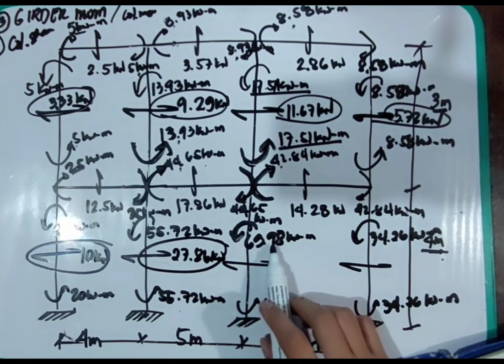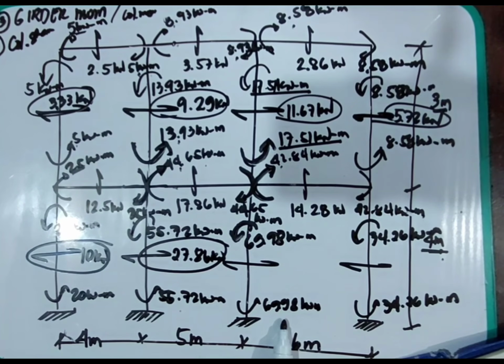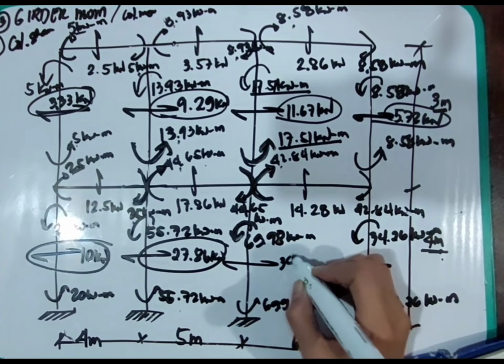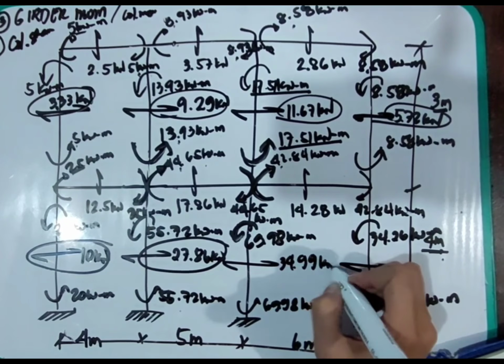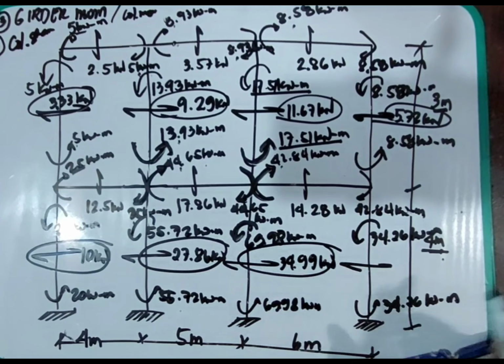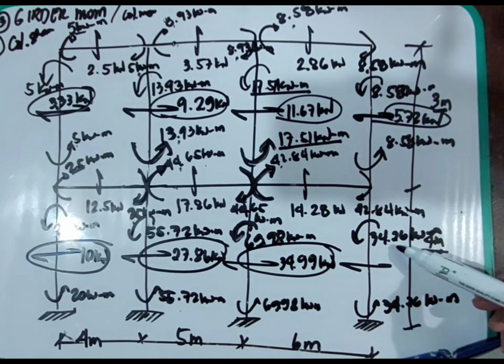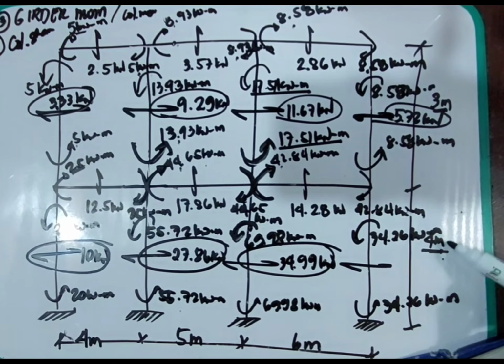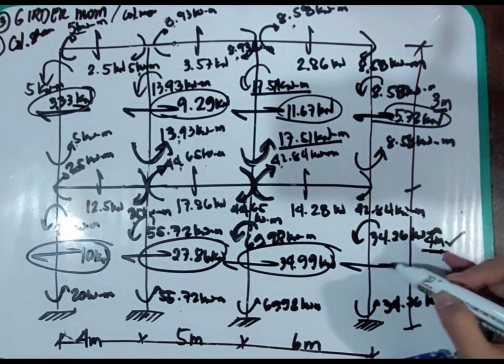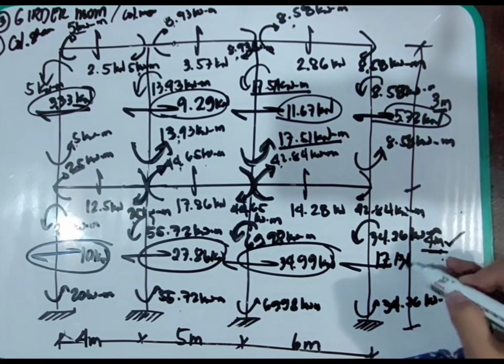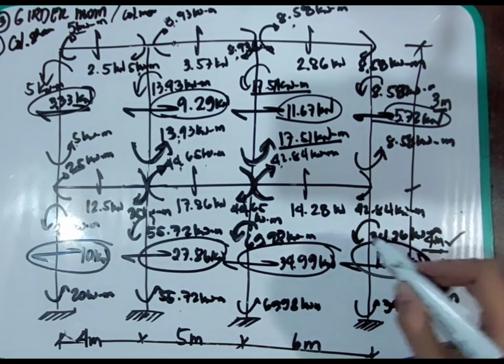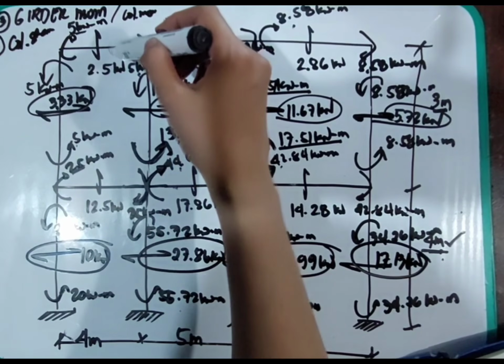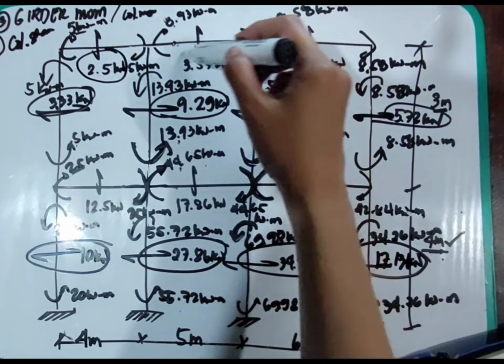Next, we have 69.98 plus 69.98 divided by 4. So, we have 34.99 kilonewton. Okay? And last, we have 34.26 plus 34.26 divided by 4. We have 17.13 kilonewton. So, lahat ng shear natin, bibilugan.